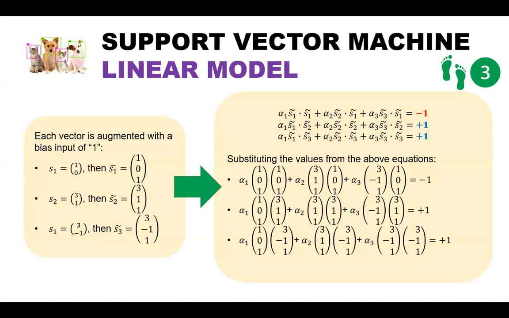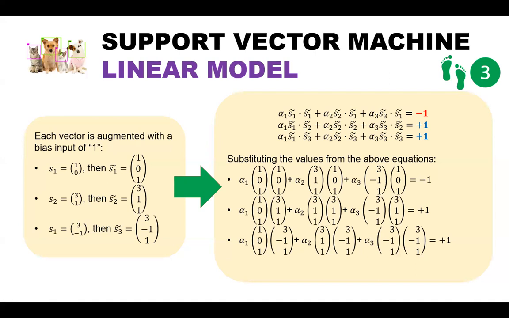The next equation is A1 S1 curl dot S2 curl plus A2 multiplied by S2 curl dot S2 curl plus A3 S3 curl dot S2 curl is equal to +1.